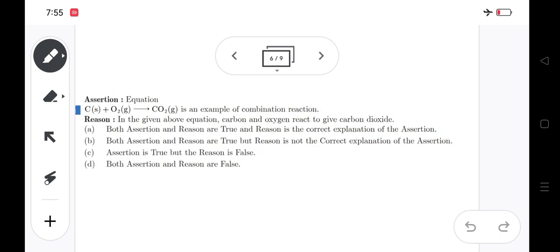So what is your answer? Yes, carbon and oxygen react to give carbon dioxide. Is that reason enough? Think about it.